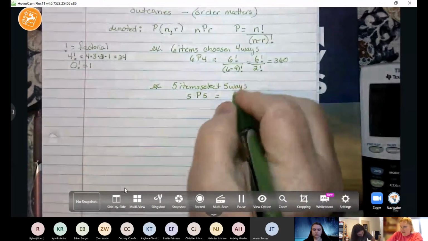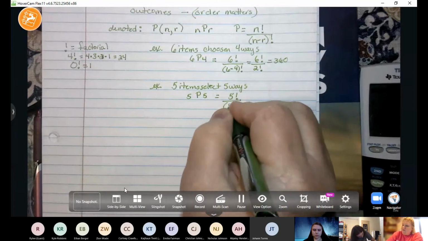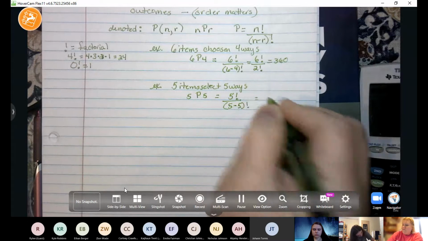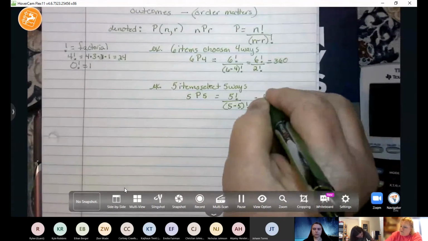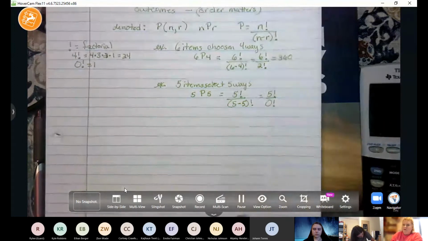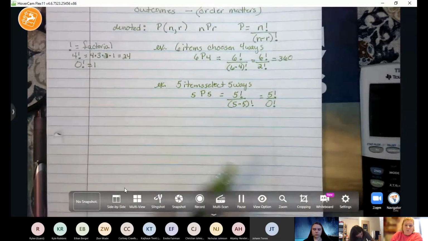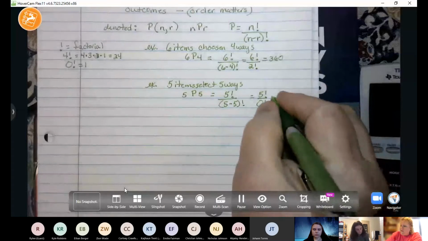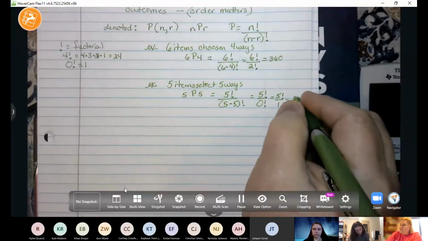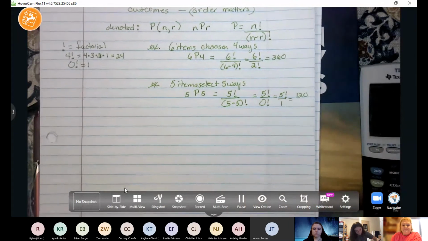In the formula, that would be 5 factorial over 5 minus 5 factorial, which is 5 factorial over 0 factorial. So remember, 0 factorial is just 1, which is going to give us 120.